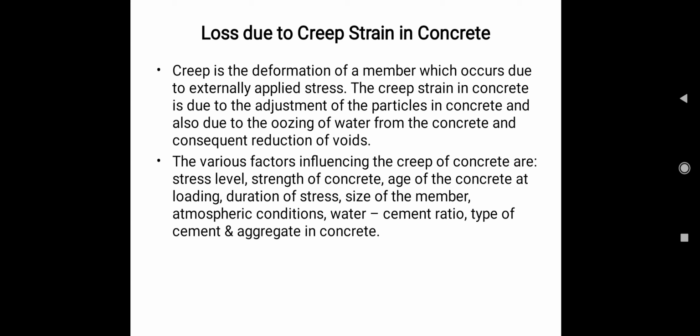So this happens because of the flow condition of a concrete, and this permanent deformation is called creep of concrete, and the losses which occur due to this permanent deformation are called loss due to creep strain in concrete.